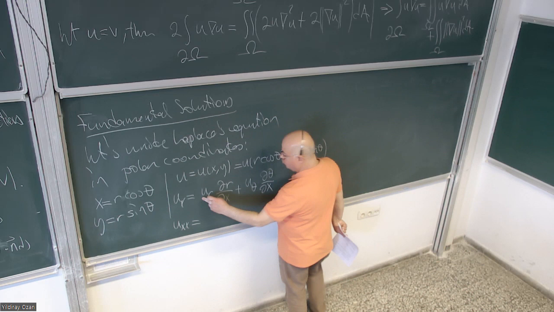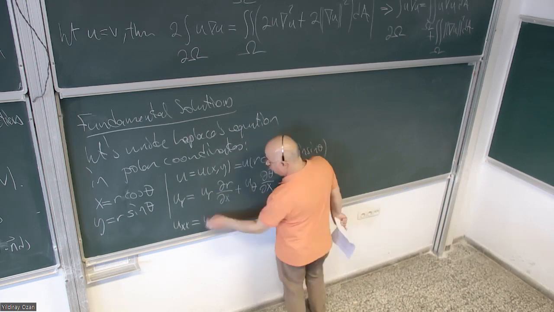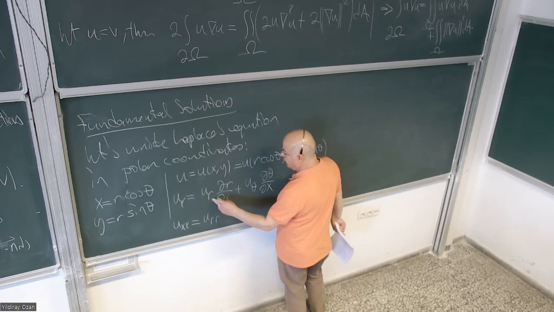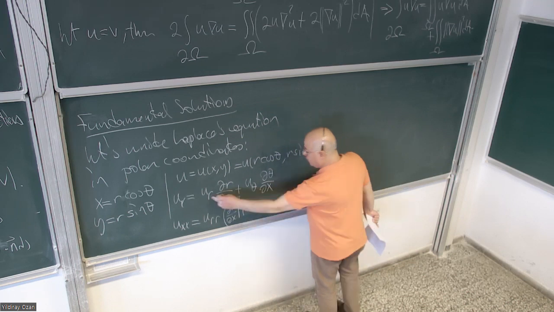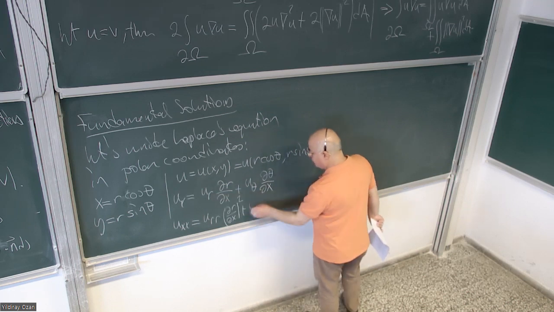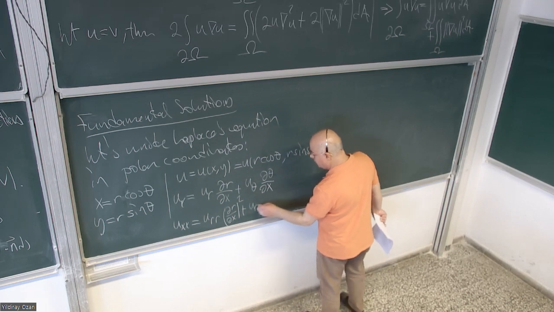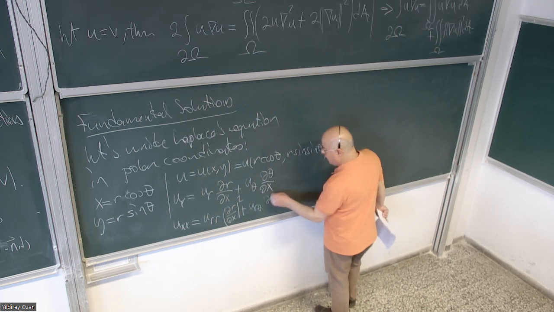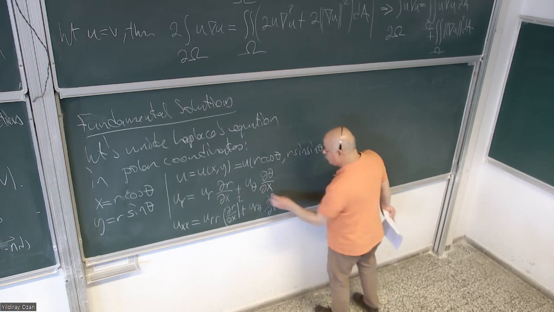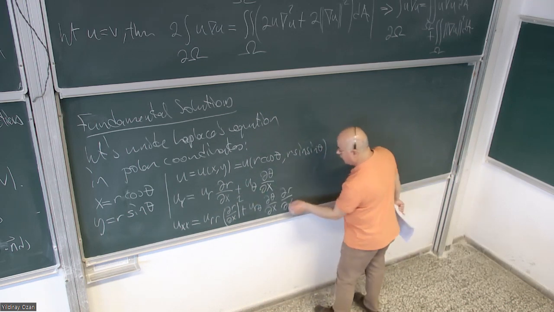Derivative of u with respect to r, so u sub rr, and then derivative of r with respect to x, del r del x squared, plus derivative of this with respect to theta, so u sub r theta, and then derivative of theta with respect to x, but I also have del r del x here.